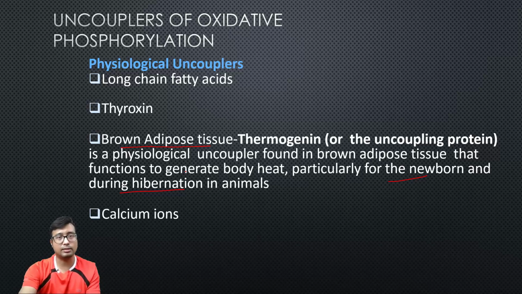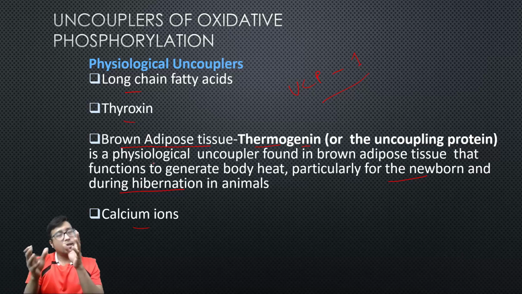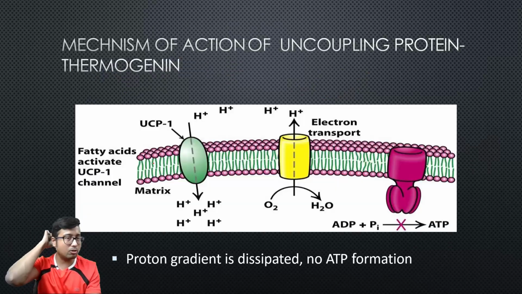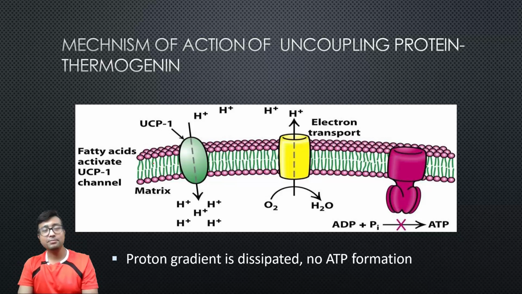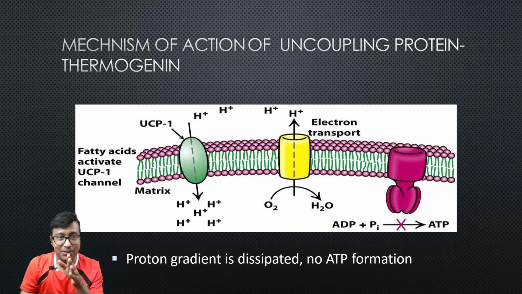Along with that, calcium ions can produce uncoupling effects. Now, this thermogenin is also known as uncoupling protein 1, UCP1. So all of these factors, long chain fatty acids, thyroxine, calcium ions, will activate UCP1. And what does UCP1 do?